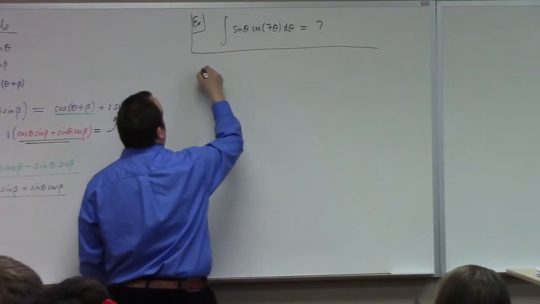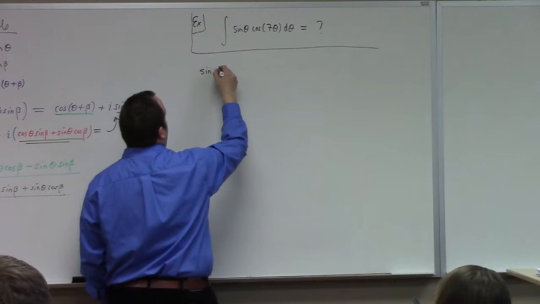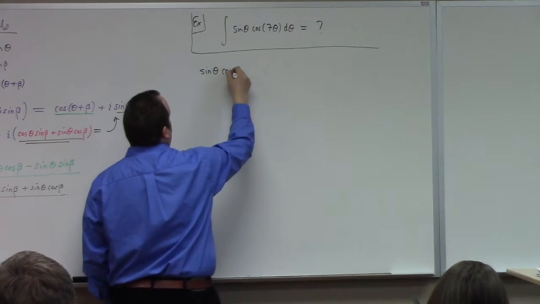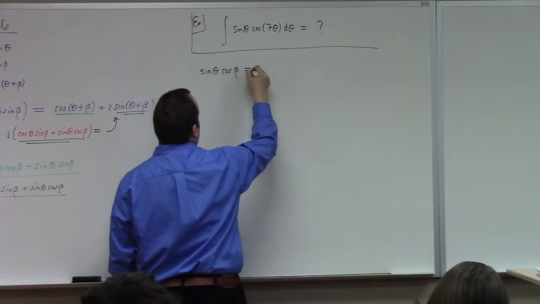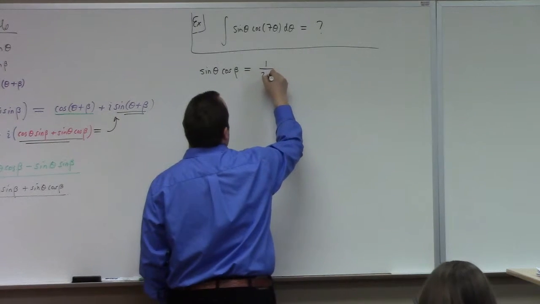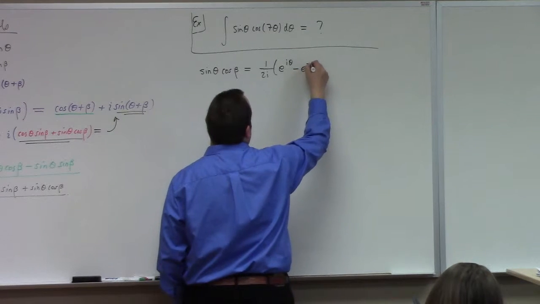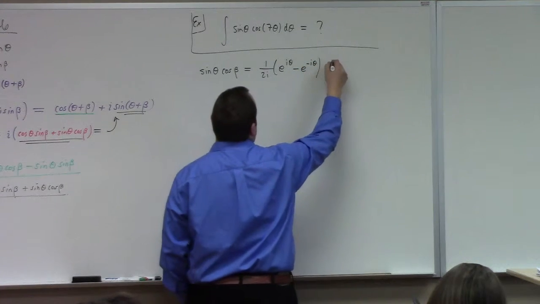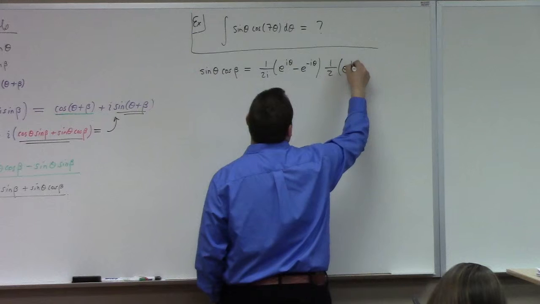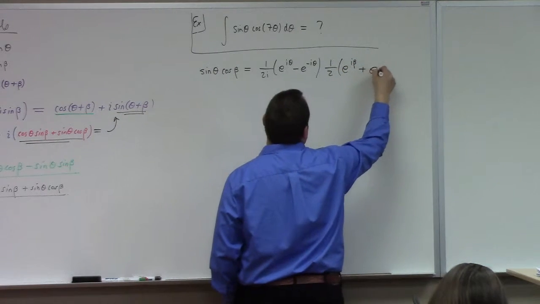So what happens if we take sine of theta times the cosine of beta? What does that give us? 1 over 2i, e to the I theta minus e to the minus I theta, times 1/2, e to the I beta plus e to the minus I beta.